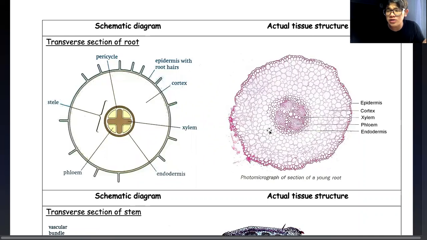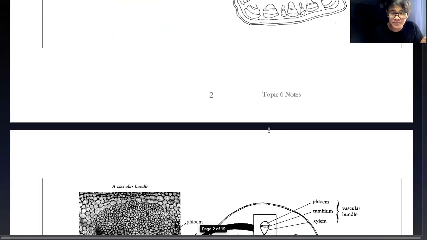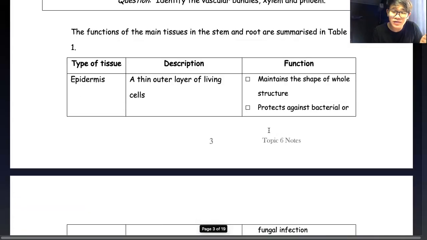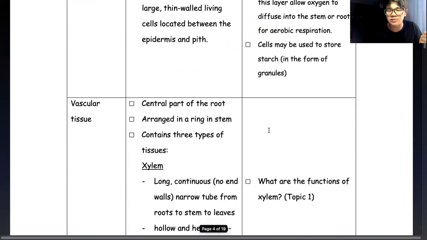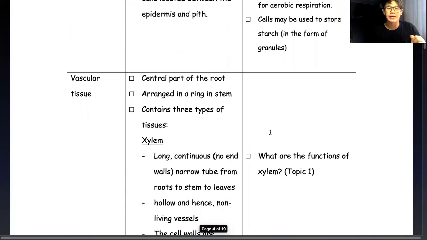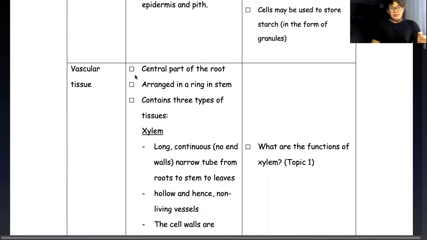Right? So what's the description? What's the function? If we scroll back down, okay, here. So it is the central parts of the roots. Ini yang pentingnya, cakapnya arah roots kamu. They are arranged in a ring in stem.